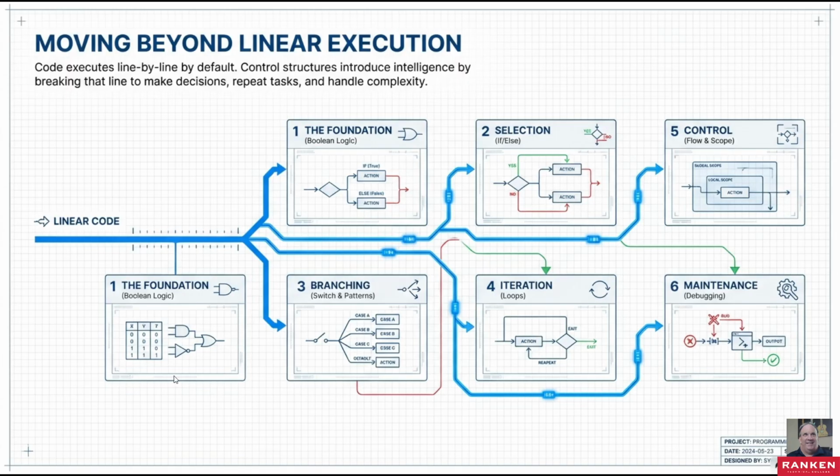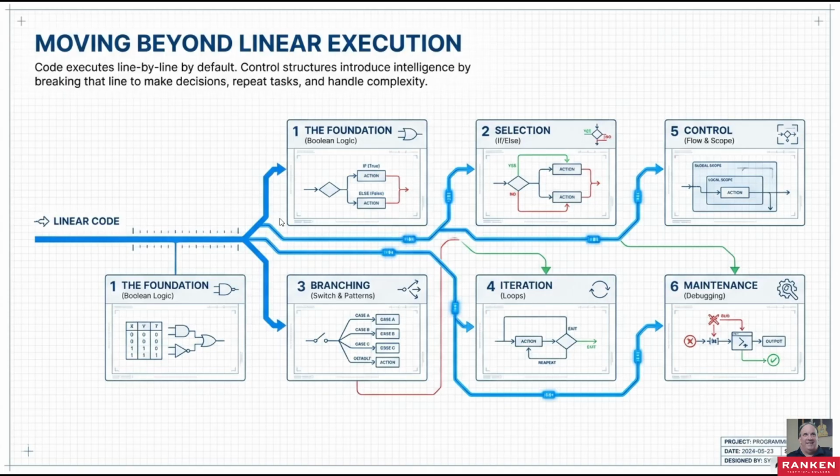Foundations is here twice, but basically it's talking about code being executed line by line by default. Control structures introduce intelligence by breaking that line to make decisions, repeat tasks, and handle complexity. Boolean logic is very important when you're using control structures. Actually, it is the most important thing.